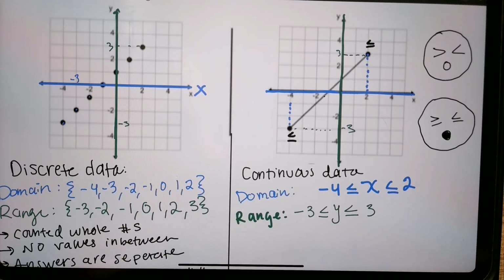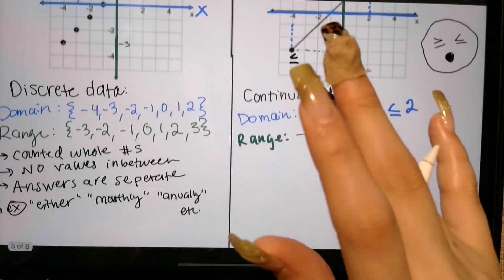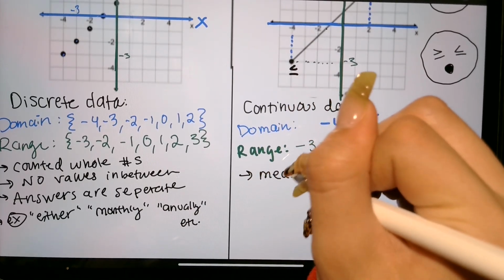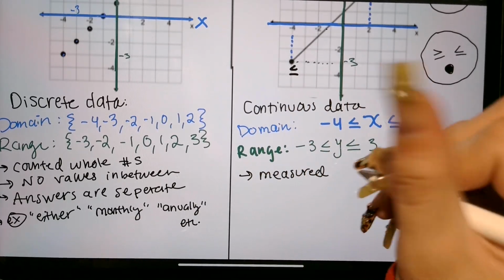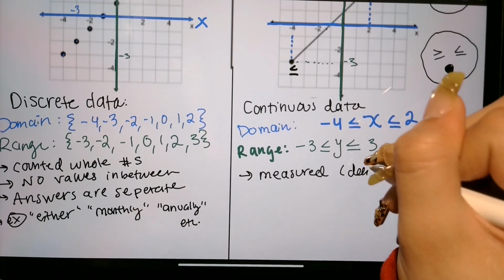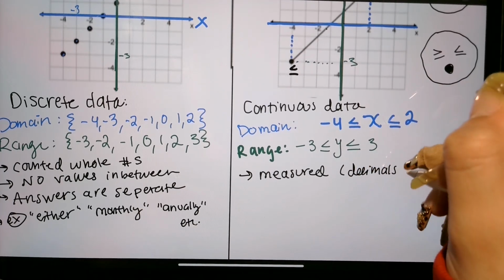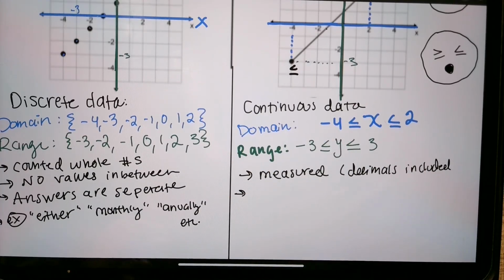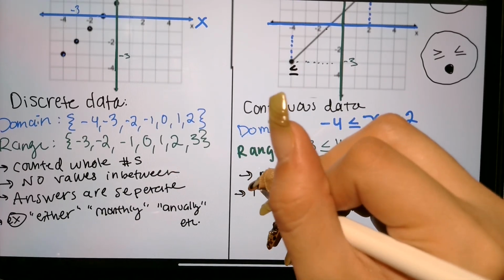Now let's talk about how we could identify continuous data in a word problem or a table or anything. First of all, it is usually measured and decimals are included. And then we have infinite values in between.